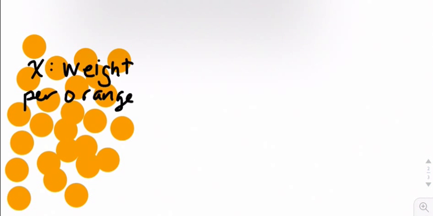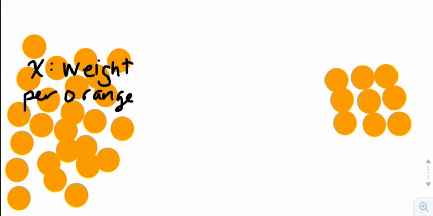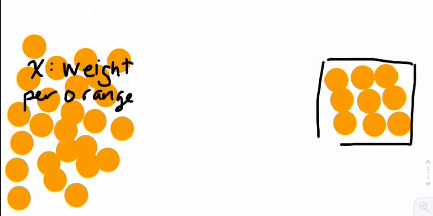And what we'd like to do, instead of considering the weight of an orange, is take a sample of size 9, for instance. So we're going to look at this sample, size 9, and take that value. So instead of x, we're now going to consider x bar, and this is going to be the average weight per 9.